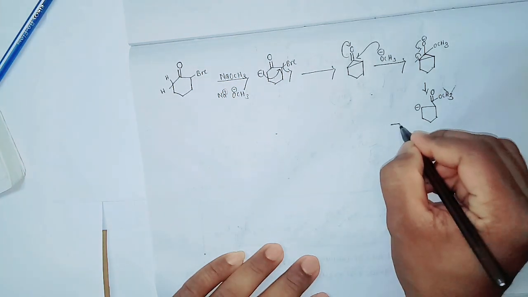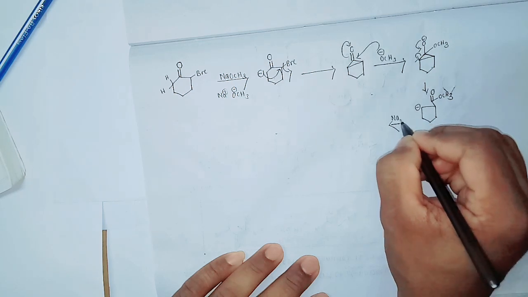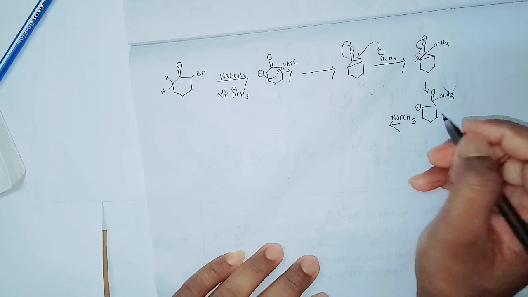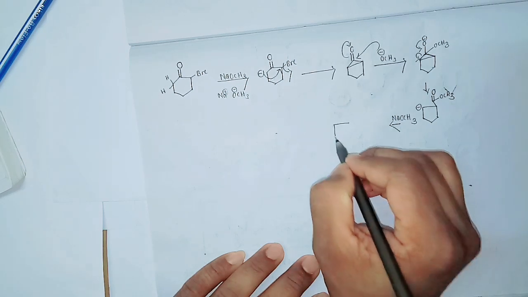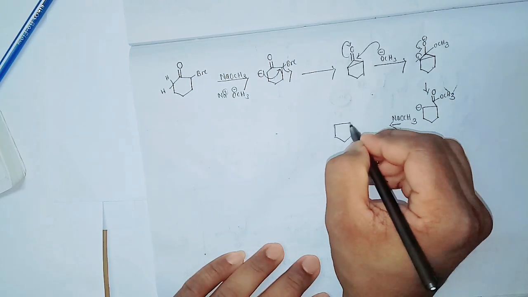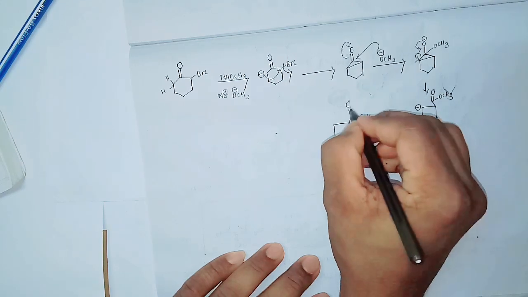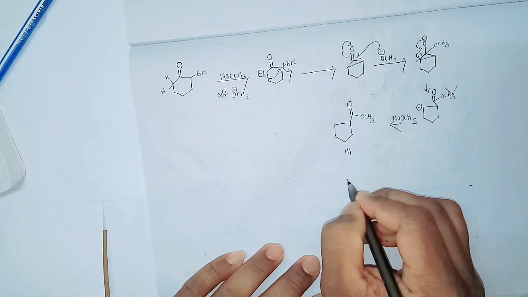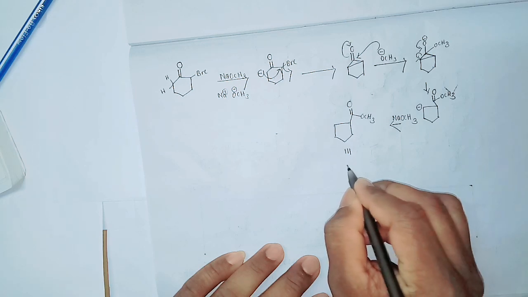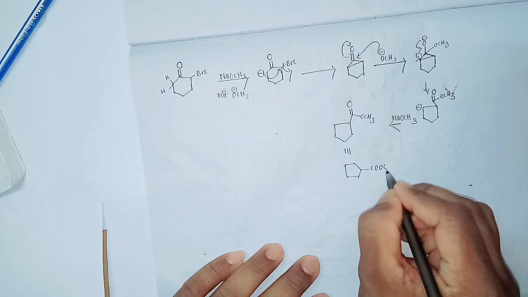After NaOCH3, protonation will occur, so we get the final product, OCH3 C double bond O. This can also be written as COOCH3.